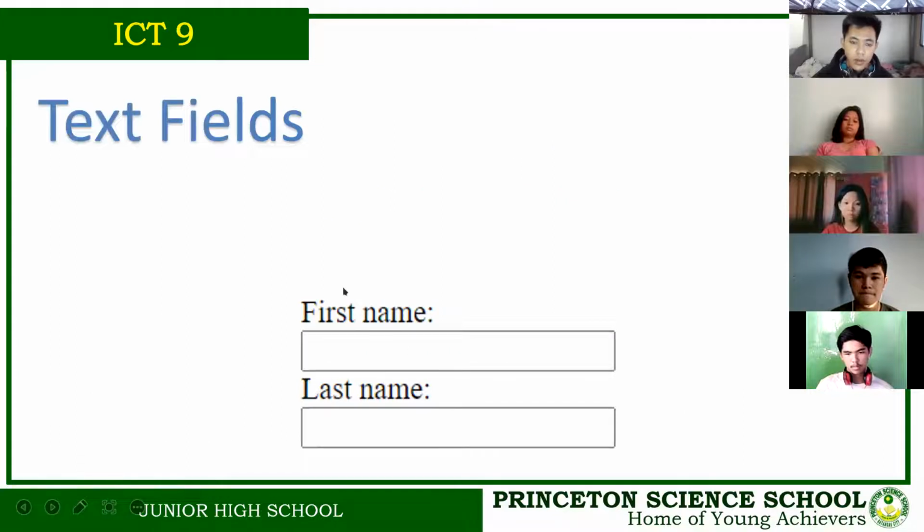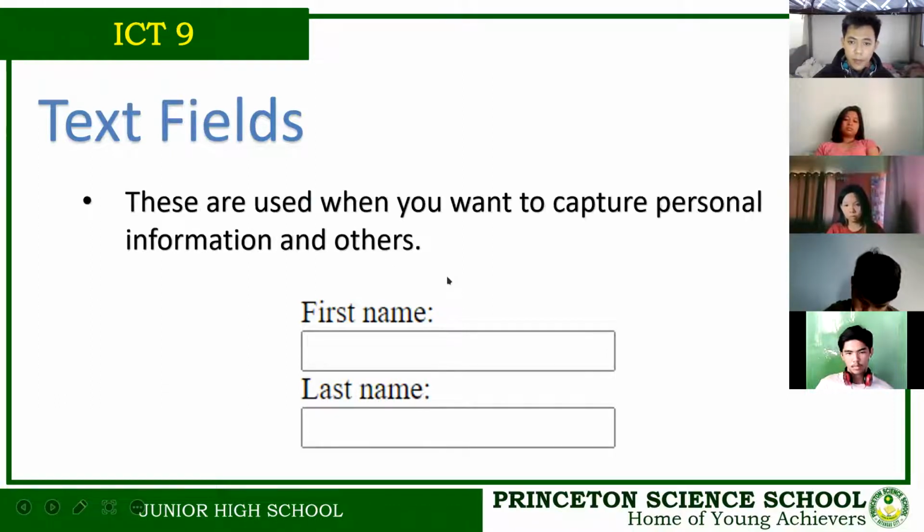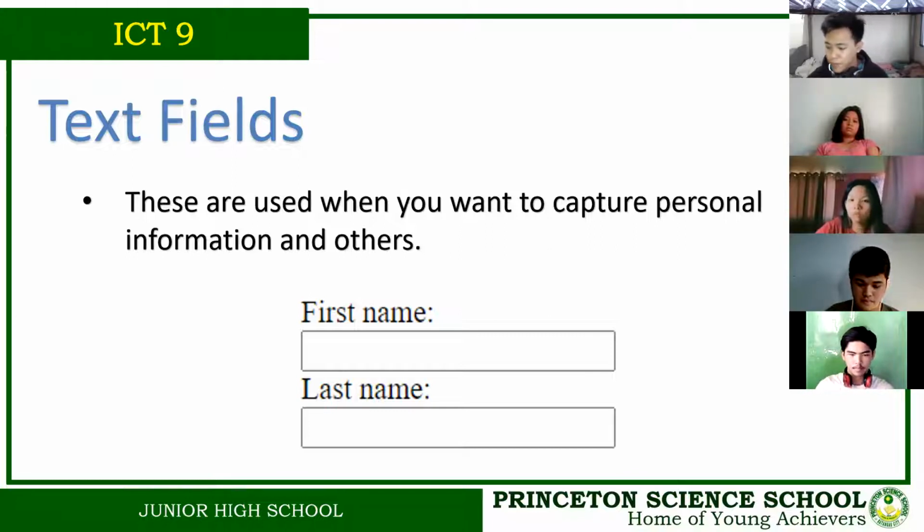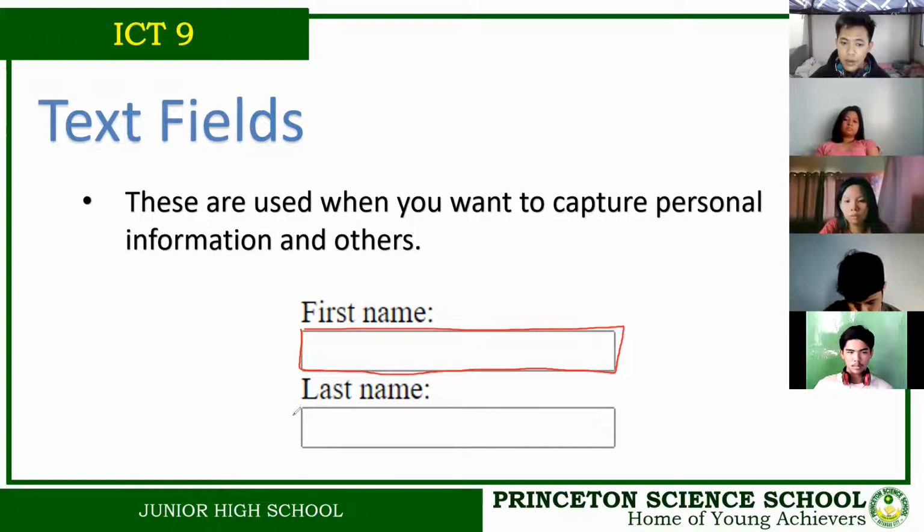So what are the different parts of our forms? First, of course, the text fields. Text fields are used when you want to capture personal information and others. They are the text boxes of your form.